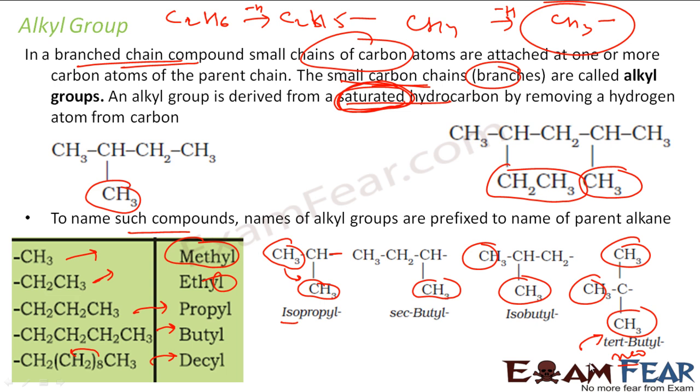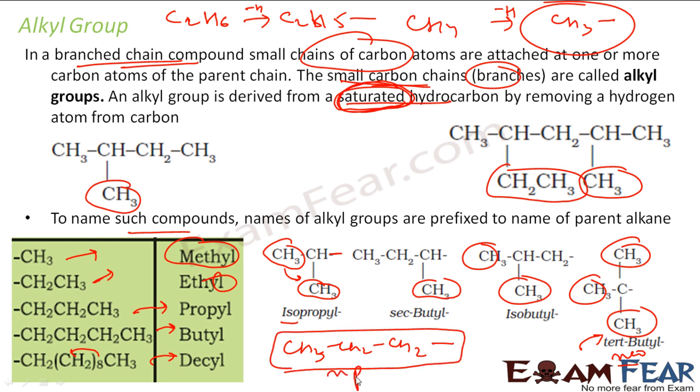That is how the naming convention is given. It is n-butyl if it is a straight chain. For example, CH3, CH2, CH2. This is n-propyl. Correct? If it has a branch, and it has one CH3, it is sec. It has 2 CH3, it is iso.